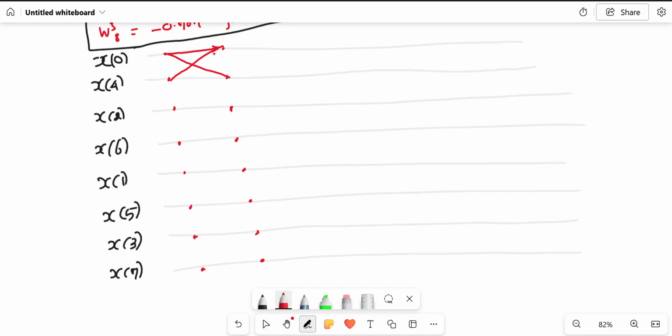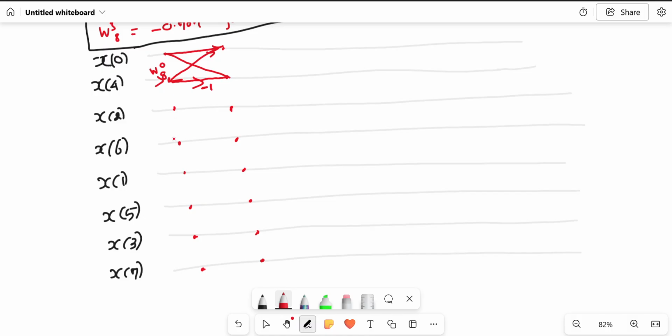This arrow mark should be there. All the butterflies should have the lower wing with minus, and the twiddle factor. For example, in the first stage, W0 of 8. What is W0 of 8?